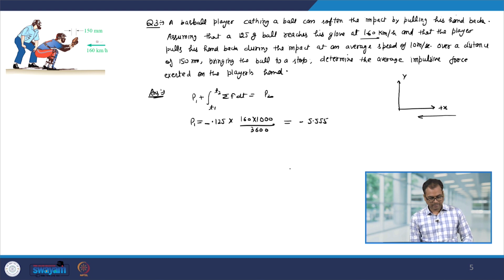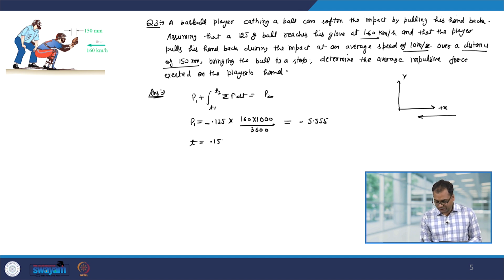So, that is minus 5.555. Now, the time t will be the distance which is given here, 150 mm, divided by the velocity which is 10 meter per second. So, t will be 0.150 divided by 10, and that comes out to be 0.015 second. Now, the final momentum P2 is 0 because the ball comes to rest. Let us put it in equation number 1.